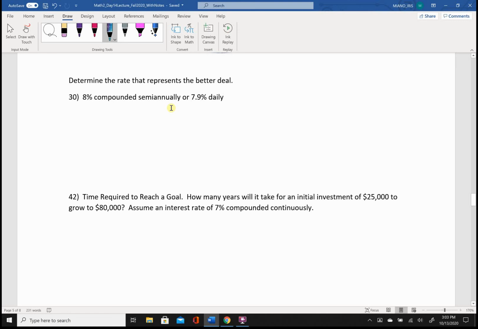So setting up the two scenarios here, we have R sub E for this scenario right here. That's going to be 1 plus 0.08 over 2 to the 2 power minus 1.